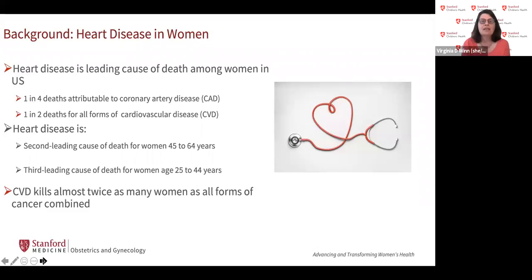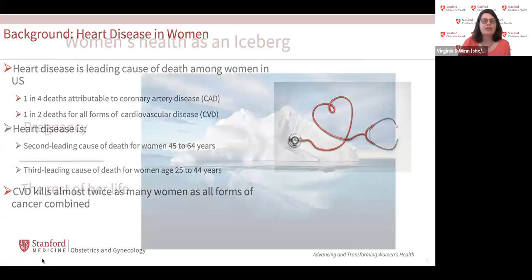It's the third leading cause of death in women 25 to 44. And cardiovascular disease kills almost twice as many women as all forms of cancer combined. So this is a major women's health issue, and there is a lot of overlap with the hypertensive diseases of pregnancy in terms of risk factors.